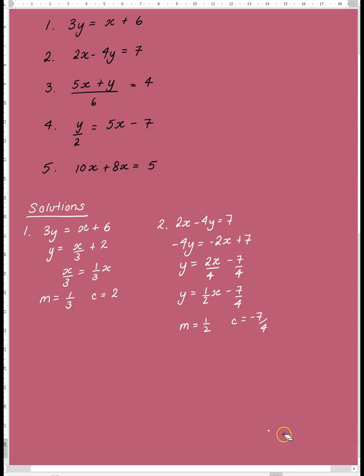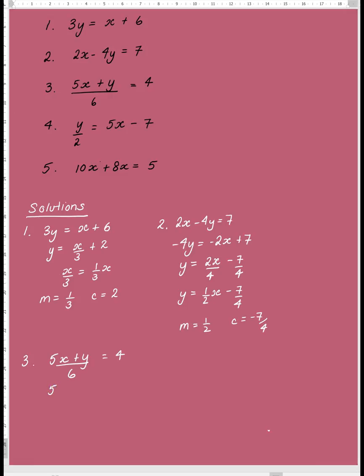Hopefully you are getting the hang of this. With question number 3, clearly not y by itself. This time, to get rid of this divide by 6, we're going to have to times by 6.